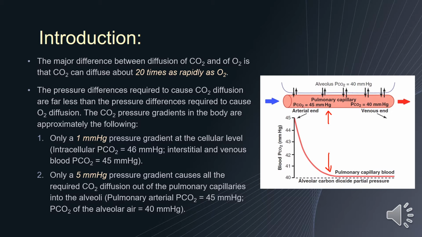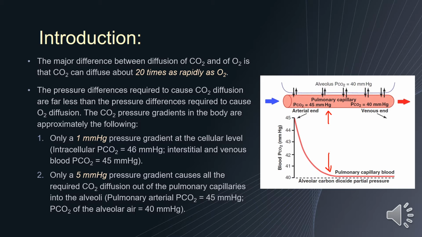You can see in this figure that the pressure gradient for carbon dioxide in the lung is just 5 millimeters of mercury, simply because the pressure for carbon dioxide in the alveoli is 40 millimeters of mercury, and the partial pressure of carbon dioxide in the pulmonary capillaries is 45 millimeters of mercury. Therefore, the pressure gradient is just 5.